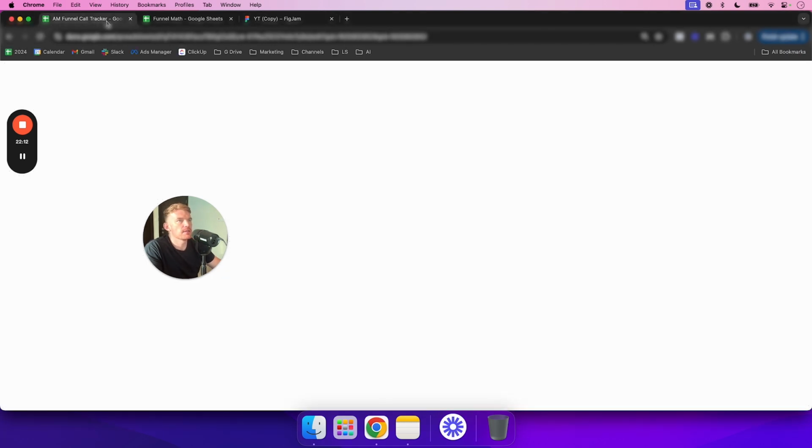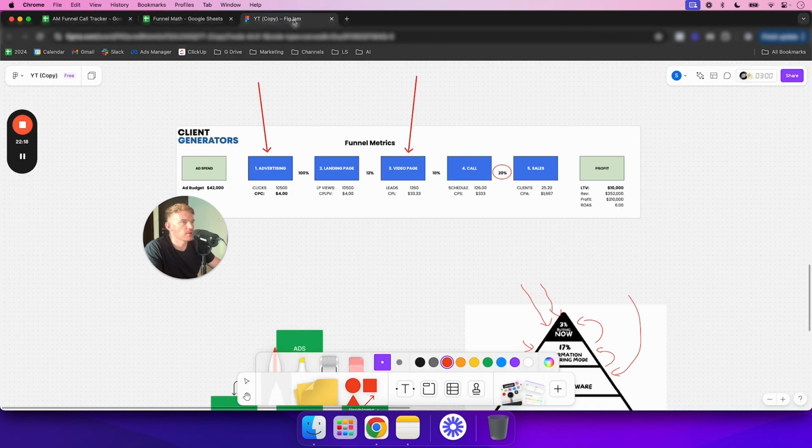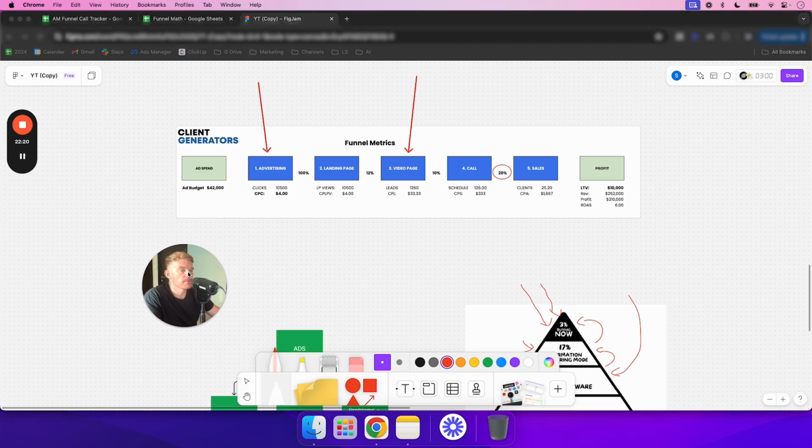So you can see with this client, they converted 22% of their sales calls, which is pretty nuts. That's not even people who have been pre-qualified, where it's the second call. That's not even calls that showed up. That's 22% of every single call that was booked.